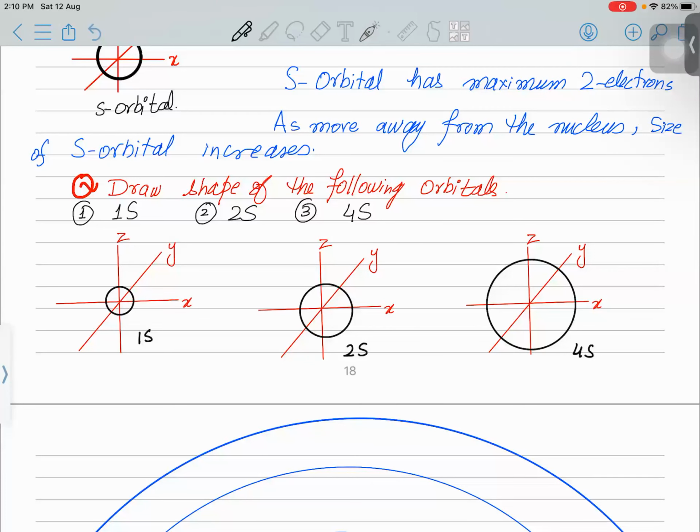Okay. Now the second orbital is the p orbital.